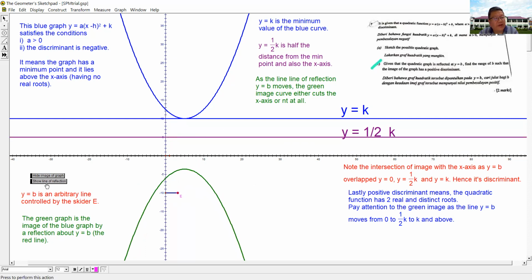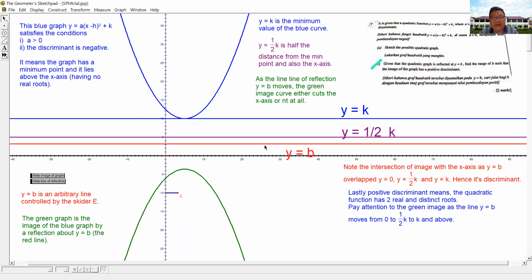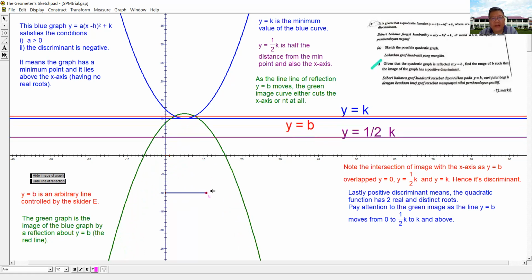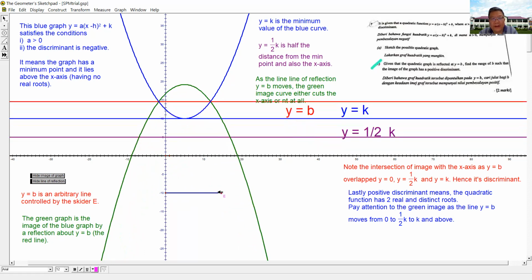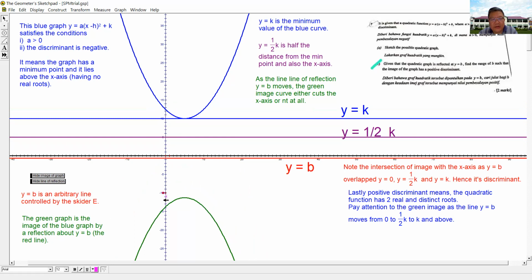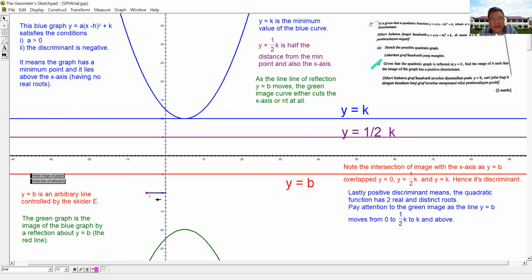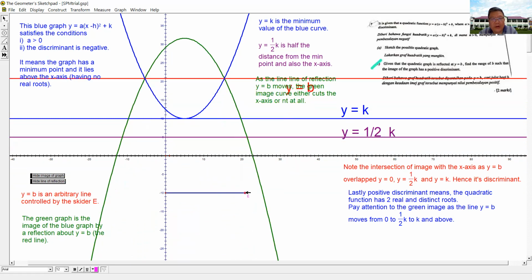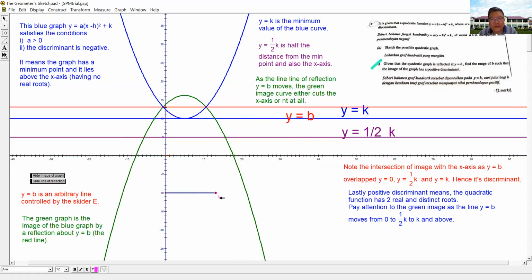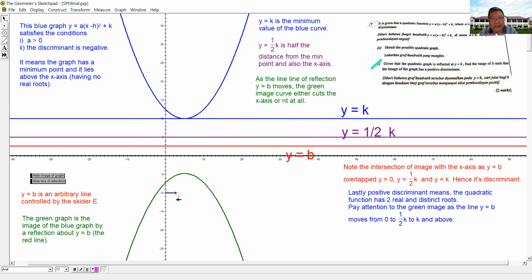It is the image when it is reflected about this line y equals b. So as I move the line b, the image of the blue curve, which is the green curve, also moves.